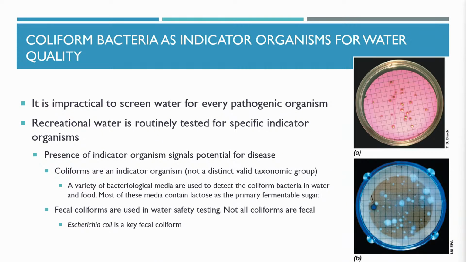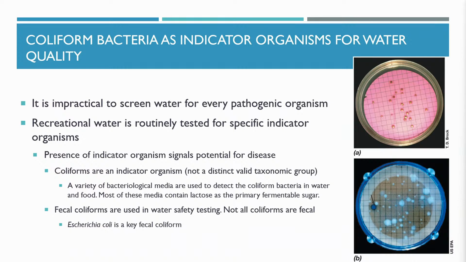And so we use this phenomenon of indicator species in water quality monitoring. In order to test the water that you drink and play in, recreational water, for pathogens, it's really hard to screen the water for every pathogenic organism.